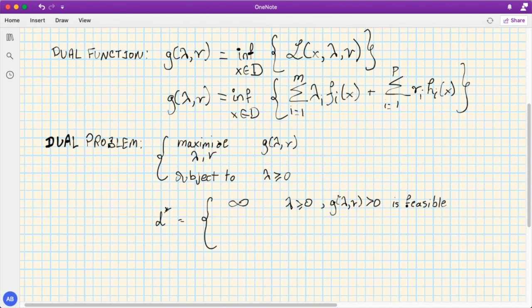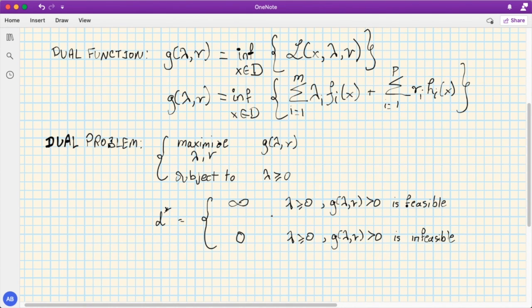Now on the other hand, if this thing is infeasible, then the infimum would be just 0.